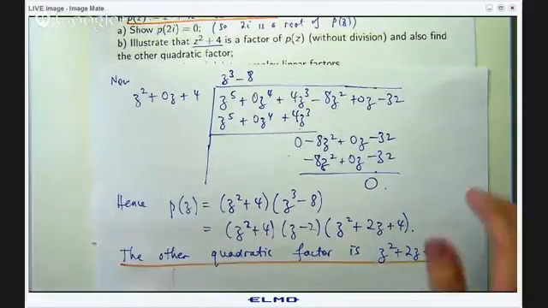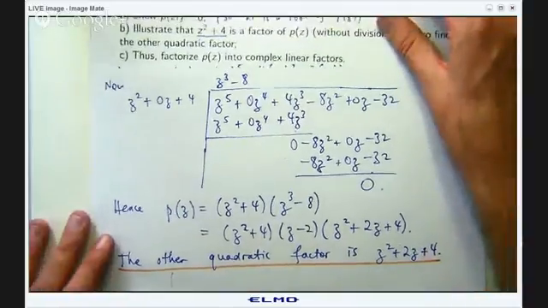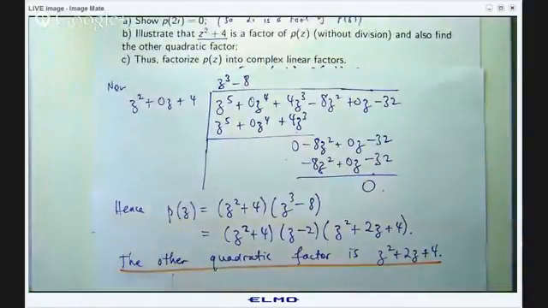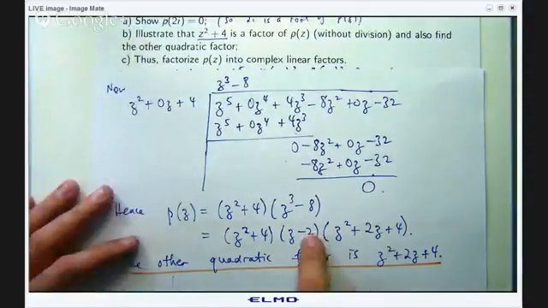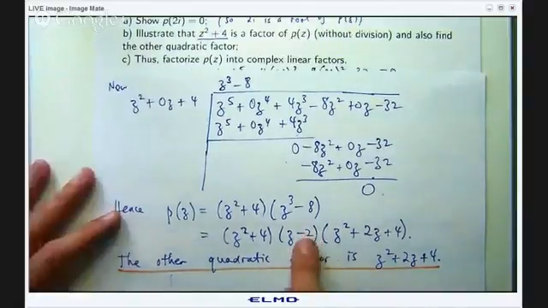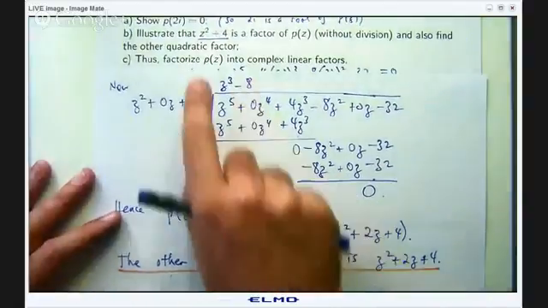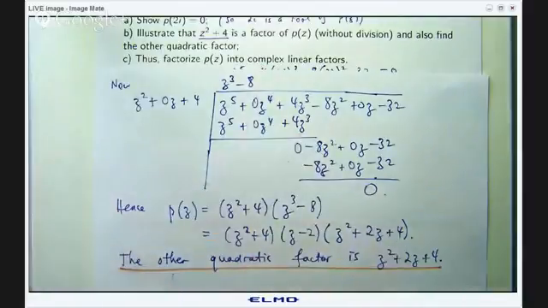Okay, the last thing we want to show, factorize p of z into complex linear factors. Well, we've got 3 of those linear factors. There's the roots, I beg your pardon, there's one. And from this and from part A, I know 2i and -2i. This can be expanded to z minus 2i, z plus 2i. All that is left now is splitting this up.